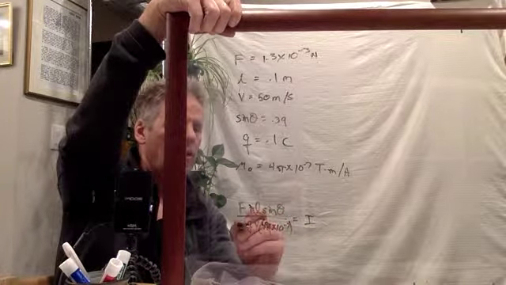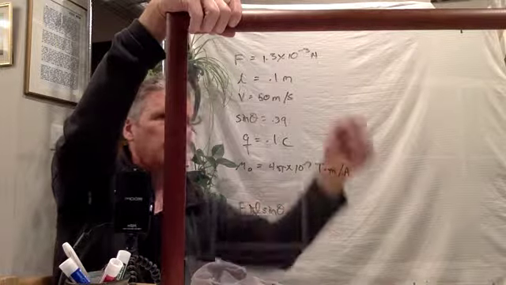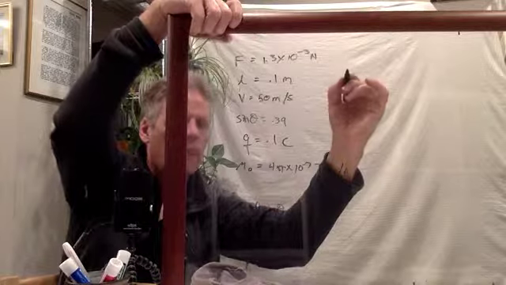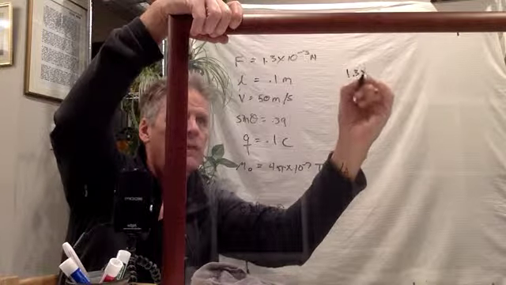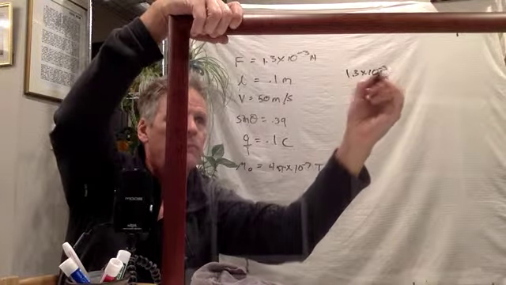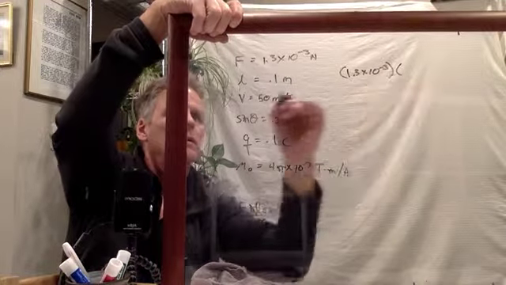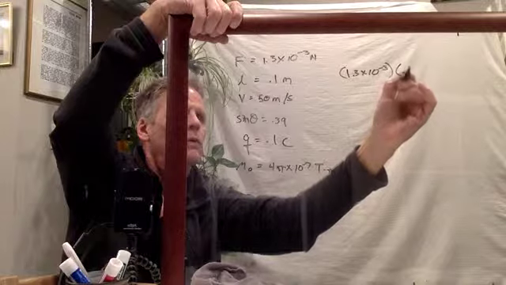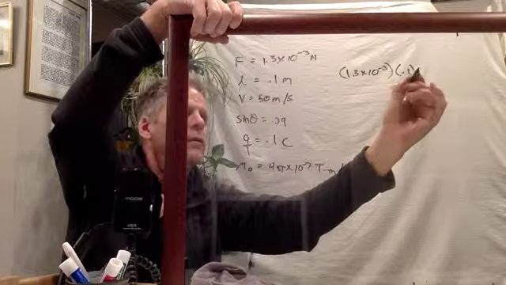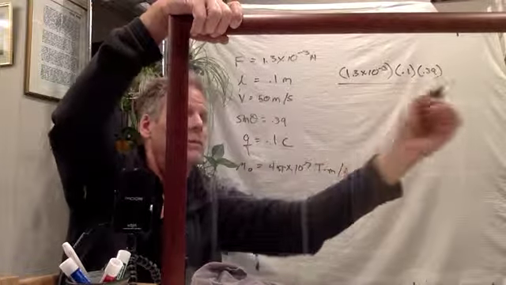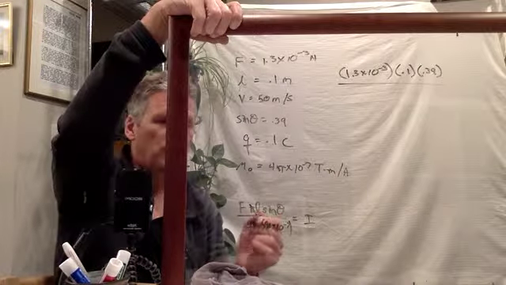So now I'm going to go ahead and write this up here. We have 1.3 times 10 to the minus 3. We have 0.1. We have 0.39. I probably should check that, but I'm going to stick with memory for a moment.